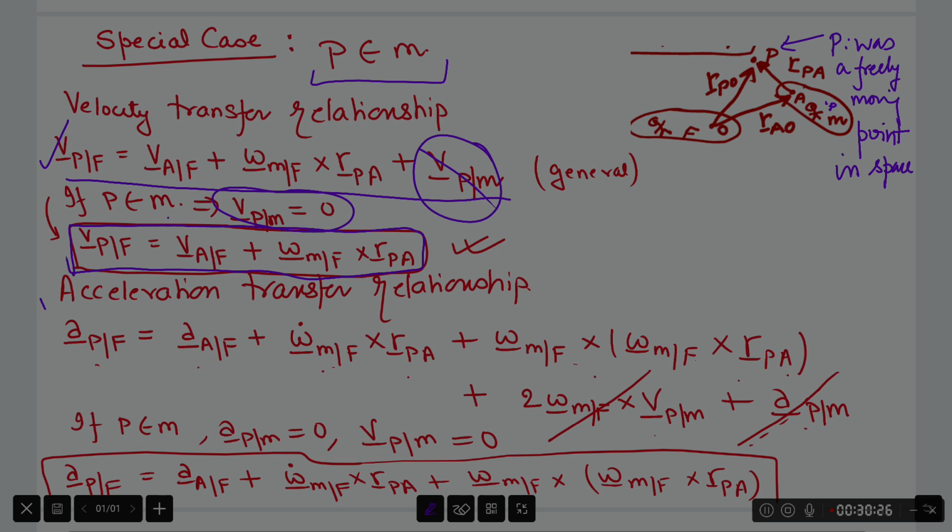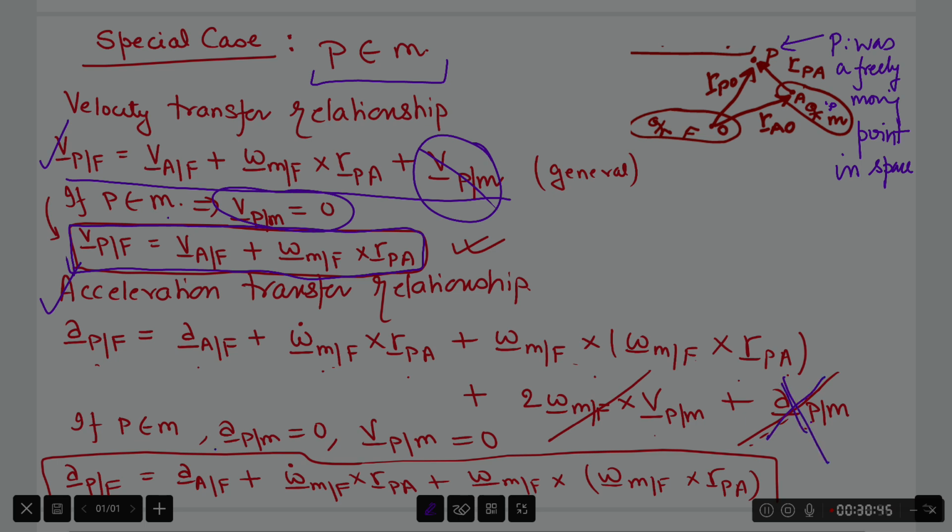Coming to the acceleration transfer relationship, the fact that P is fixed in M will take away two terms from the equation. What are those two terms? The first term is APM, that will vanish. Why?